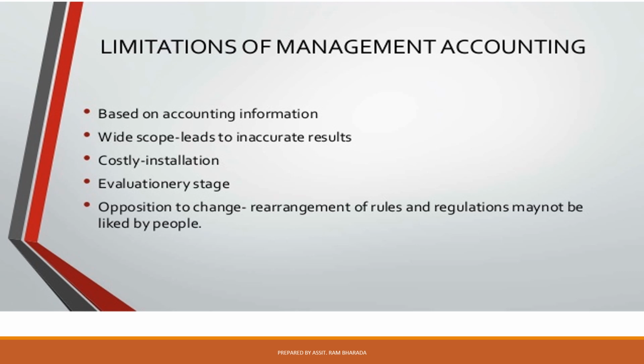Number three, it is a costly system to install and implement. Number four, it is in an evolutionary stage. It is in a new stage, it is not completely developed, so some limitations are there. And sometimes managers and employees are not ready to accept the change.